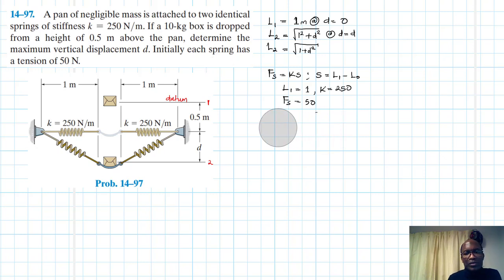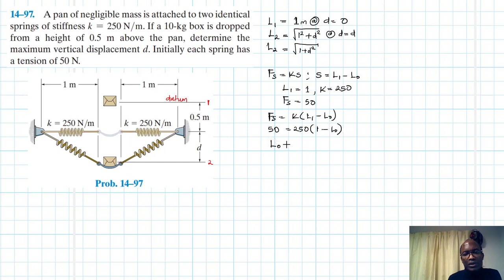Let's write the whole equation again. So Fs is equal to K times L1 minus L0. So we do have 50 there, then 250, then 1 minus L0.